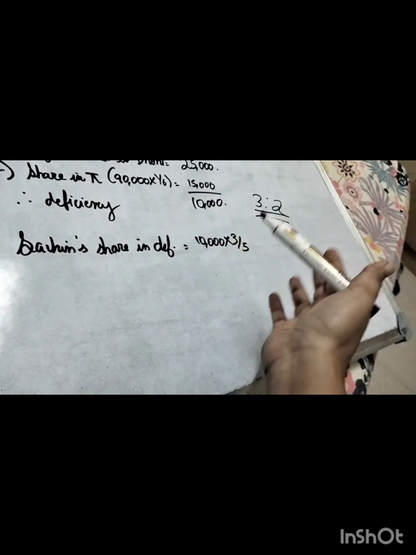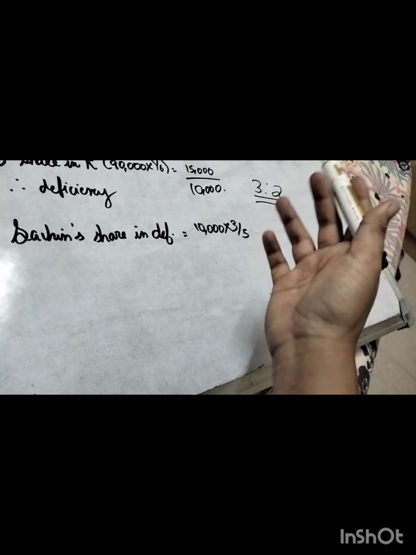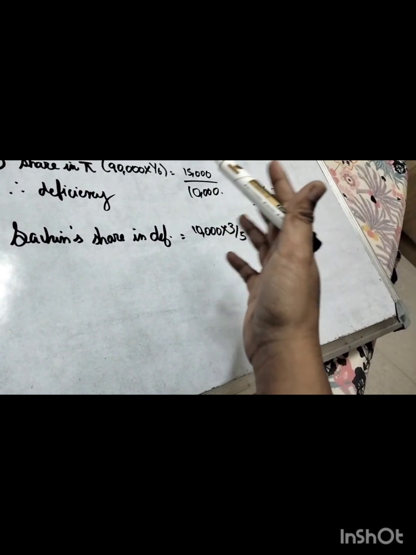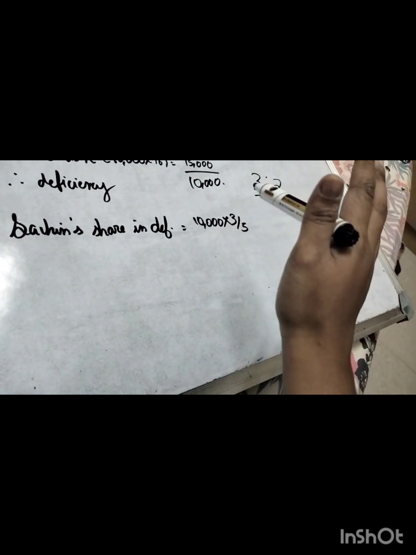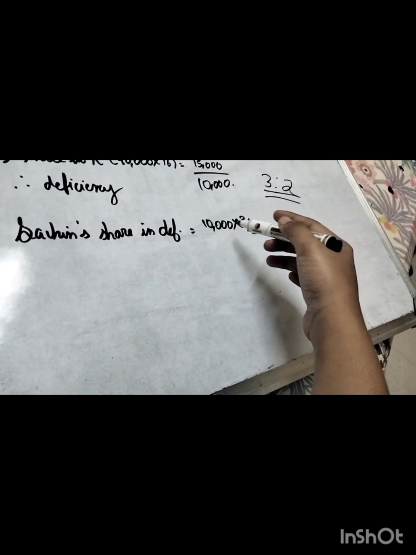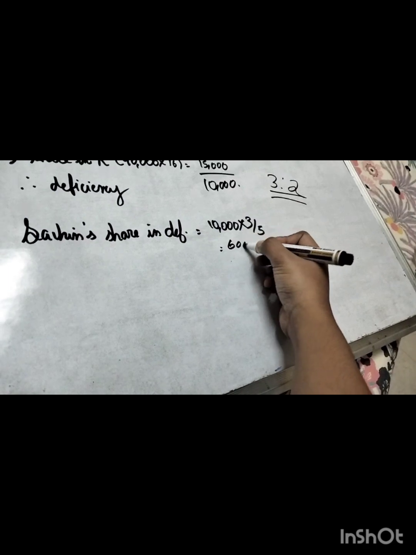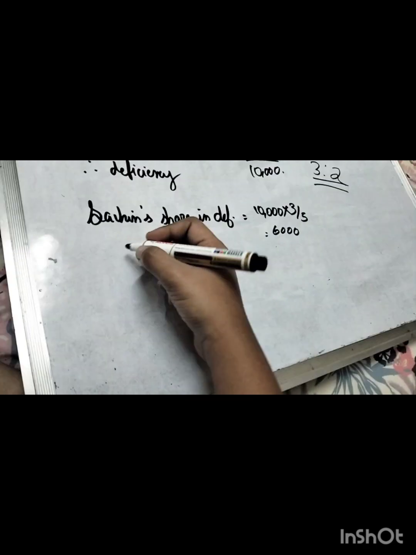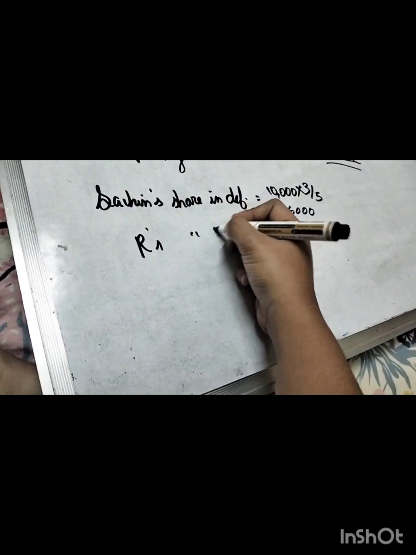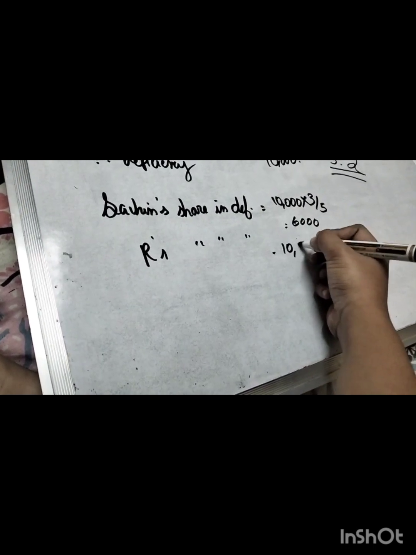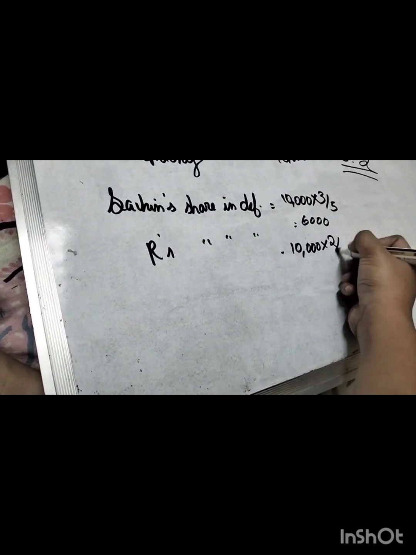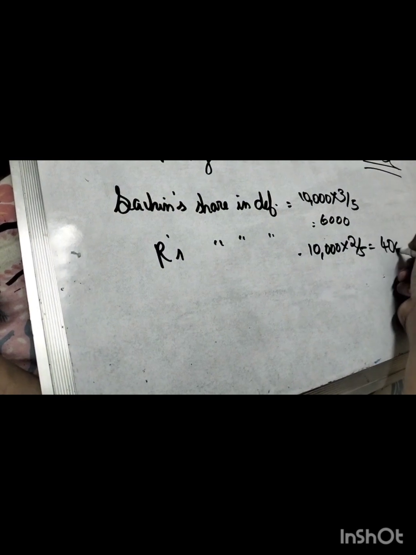So when you add 3 and 2, it's 5. That's only considering the old profit sharing ratio, that's 3:2. So 10,000 into 3 by 5 is nothing but 6,000. And Rahul's share in deficiency is 10,000 into 2 by 5, that's going to be 4,000.